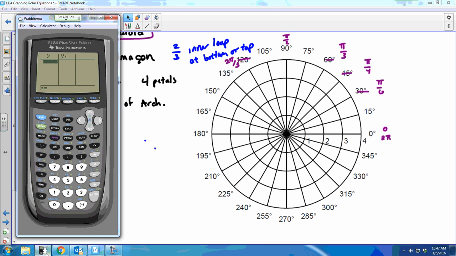So we have 0. Well, 1.5 times 0 should be 0. That's why all the spirals should always start at the pole, because you would always multiply by 0 and get 0. All right, if we did pi over 6, we get 0.78. So 0.78, right about there. And then we do pi over 4, and we get 1.17. And then pi over 3 is 1.57.